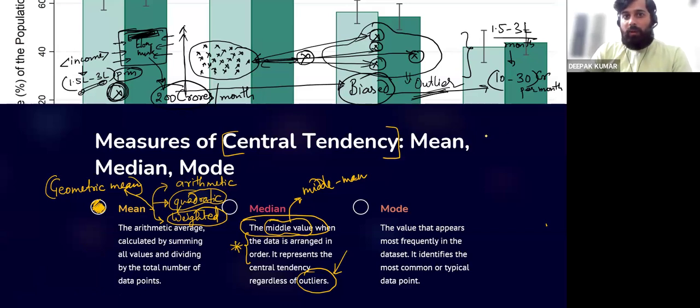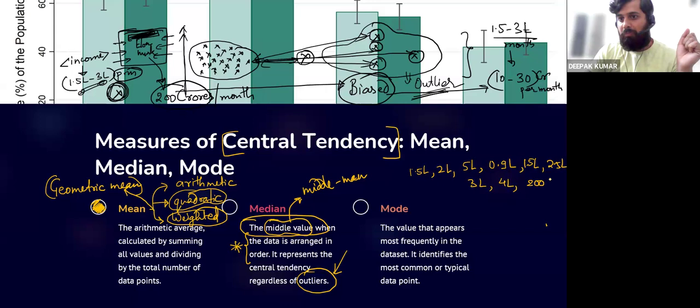Say suppose there are 10 people, roughly, then we can say one is earning around 1.5 lakh, another 2 lakh, then 5 lakhs, then 0.9 lakhs, 1.5 lakhs, 2.5 lakhs, 3 lakhs, and so on, and the ninth one is 200 crore.